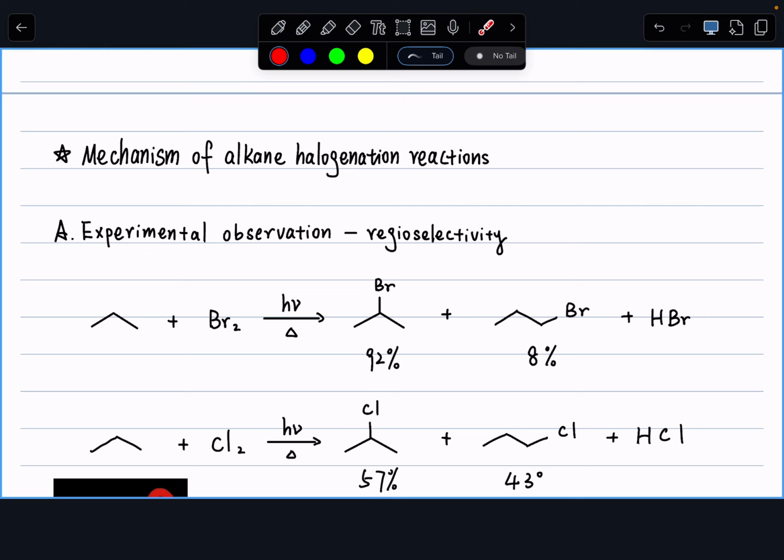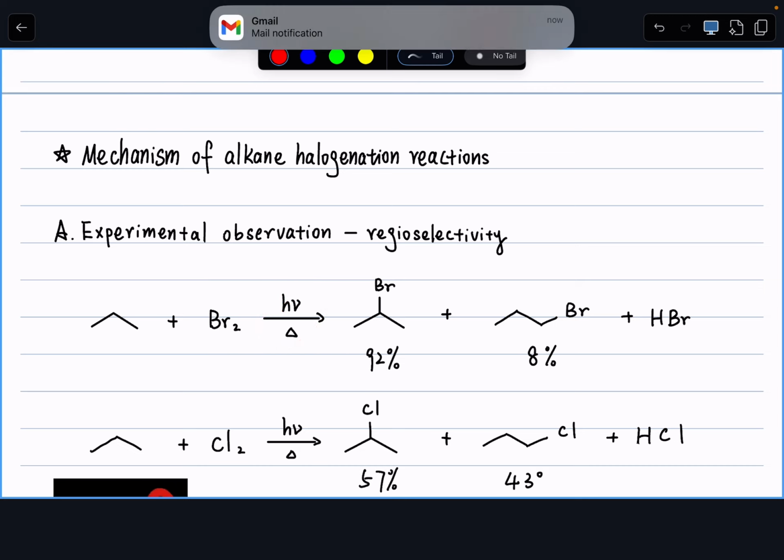So I'll post these two reactions here and raise a question. Later on, we'll come back and revisit these experimental observations and see how we rationalize them. Now, let's say we mix our propane with either Br2 or Cl2 and treat it with light or heat.